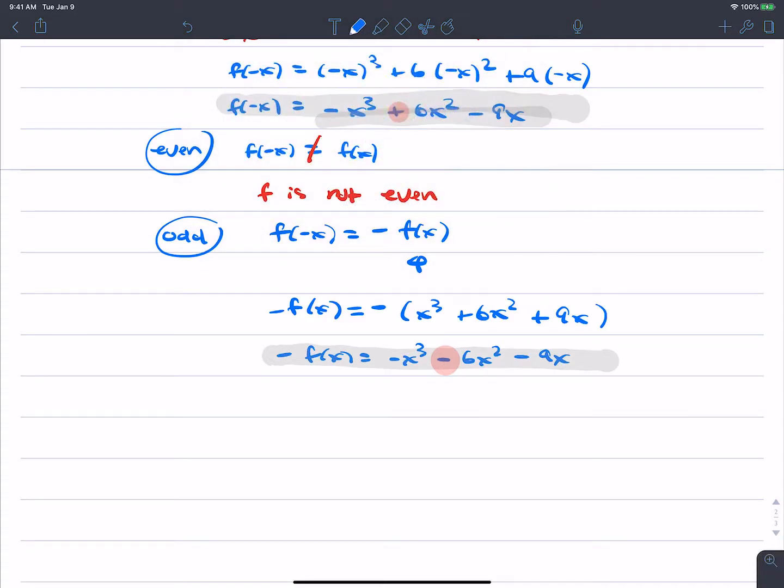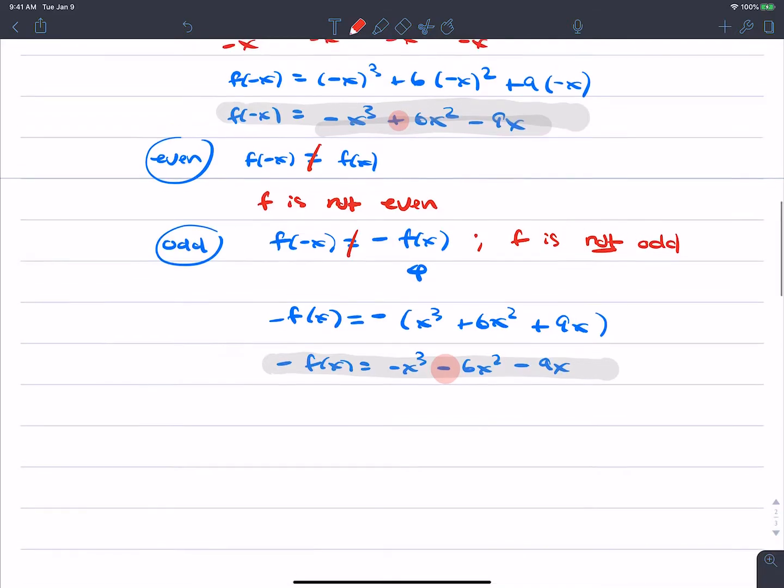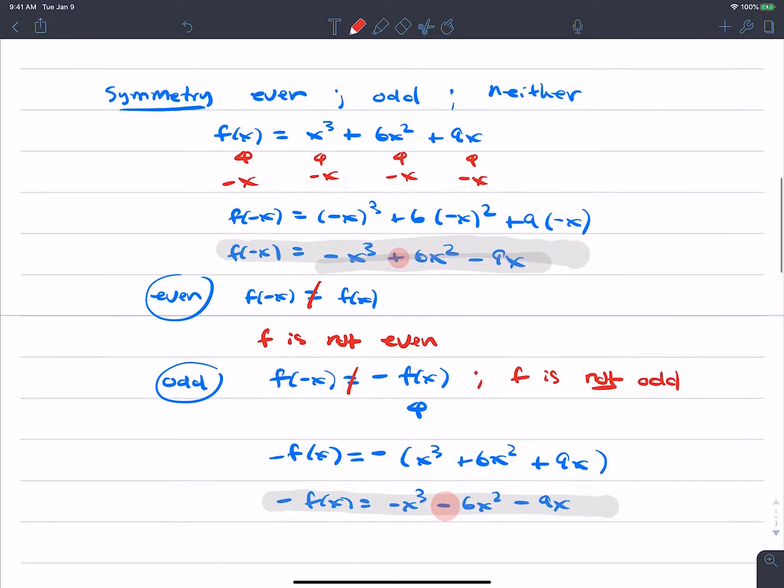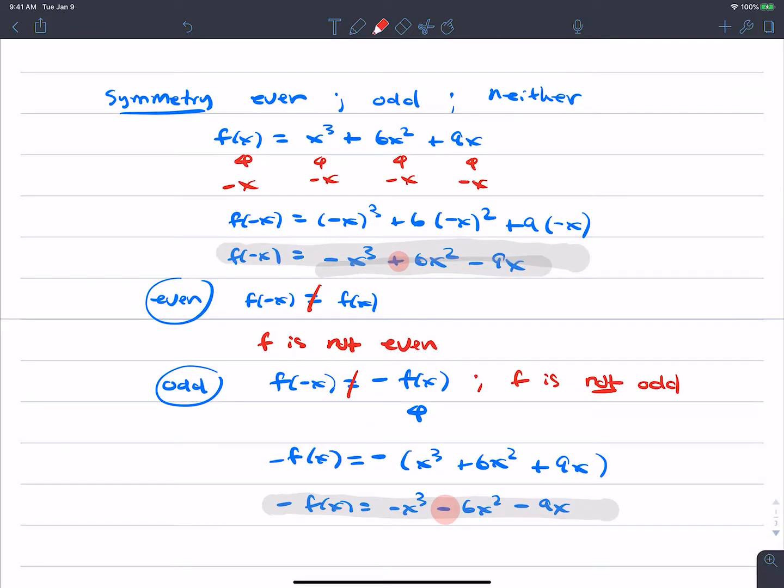So when that happens, that's enough to say that these are not equal, and we can also say that f is not odd either. So what we know here is there's no symmetry. What we know is that it's neither even nor odd. It's a neither situation. It's also not periodic because it's not a trig function.